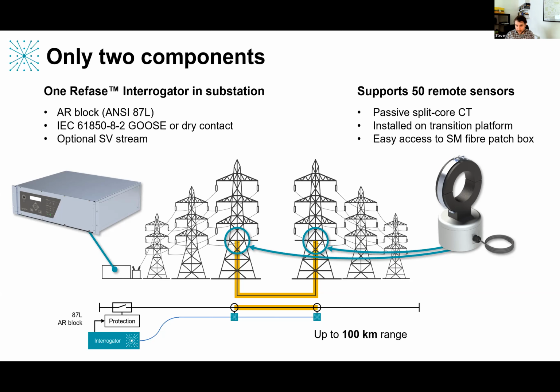So in this particular example on the slide, there's an underground section sandwiched in the middle between two overhead line sections. With a relatively simple amount of instrumentation, we can unambiguously detect that the fault is on the cable section.